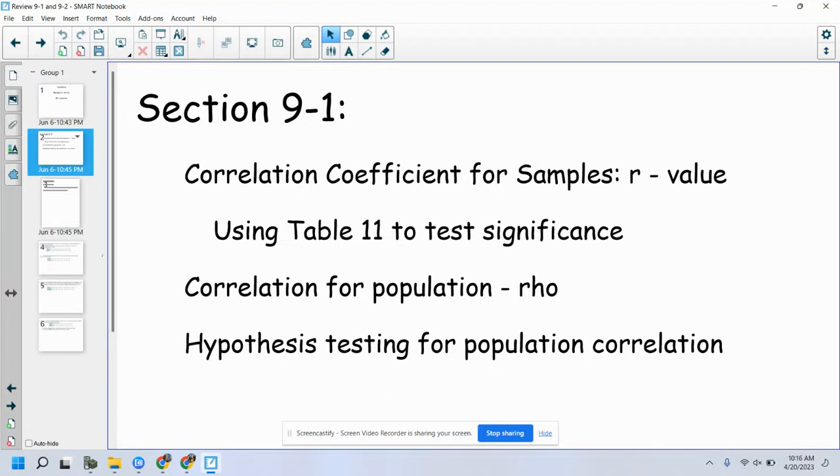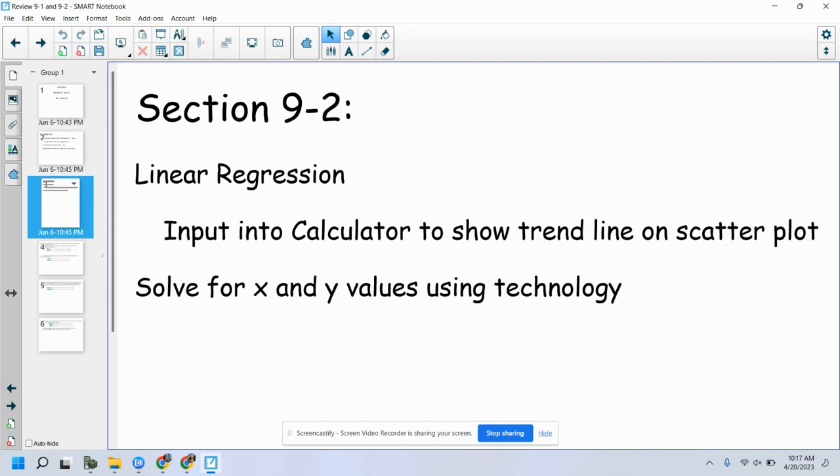Notice that is again different from running a hypothesis test on your R value. It's different because table 11 only gives us two levels of significance, and that doesn't tell us whether there is a positive, negative, or no correlation. We need hypothesis testing for that. And remember, the hypothesis testing is for the population, the rho.